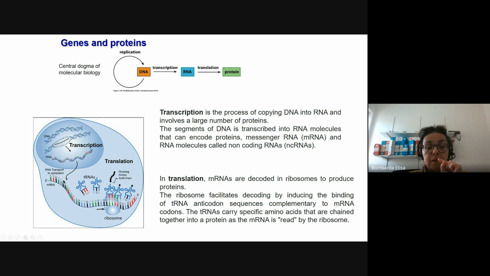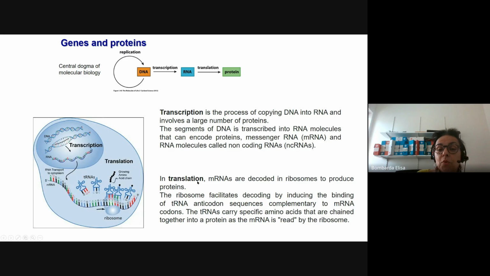But afterwards, the message written with the alphabet of the nucleic acid, in the RNA, has to be translated into another language, which has a new alphabet with 20 elements, to arrive at synthesizing the protein. And this occurs in the ribosome.